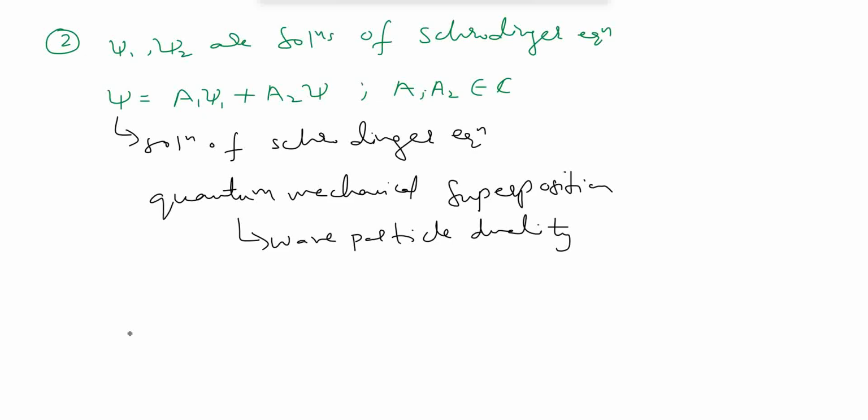In classical mechanics, if two things are superposed, then we get something in between. For example, classically, if p1 and p2 are superposed, then we get p, which lies between p1 and p2.